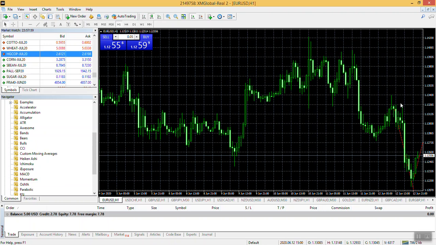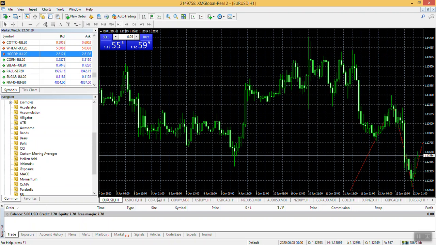So for the past how many hours? 1, 2, 3, 4, 5, 6, 7, 8. For the past 8 hours, this market has been bearish. Now we've seen another bullish move from here to here as well. Can you see? Here the market became bullish. From here it rose to this level, and then from here you can see it's bearish. It fell to this level.